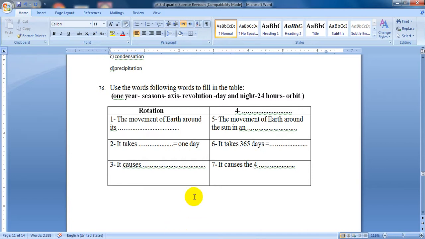And this movement or this rotation takes 1 day or 24 hours, and it causes the day and night cycle. Let's write these. The movement of Earth around its axis. Again, rotation means the movement of Earth around its axis.